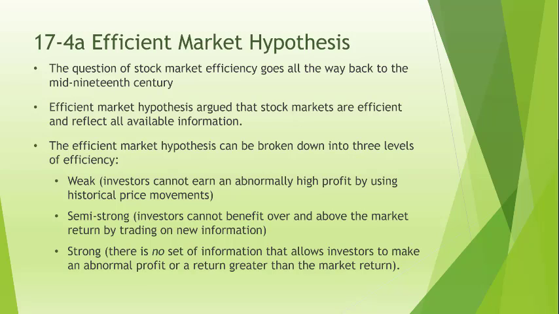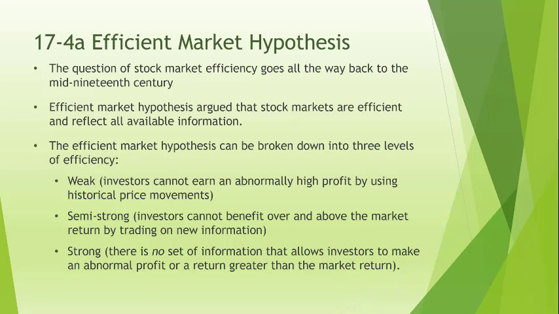The efficient market hypothesis can be broken down into three levels of efficiency. The weak efficiency, which means that investors cannot earn an abnormally high profit by using historical price movements. In other words, if you look at where the stock has been before, you cannot earn an abnormally high profit by using those to try and forecast where the stock's going.